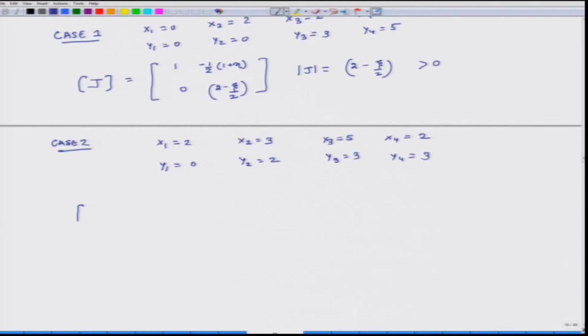So, the Jacobian matrix becomes eta by 2 plus 1, half 1 minus eta, half 1 plus zeta and 1 minus zeta by 2.